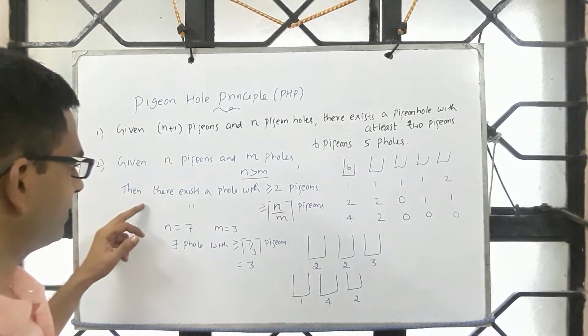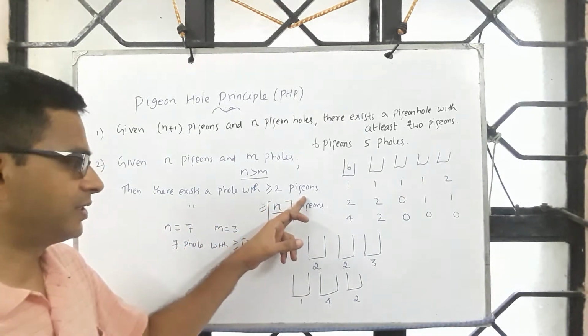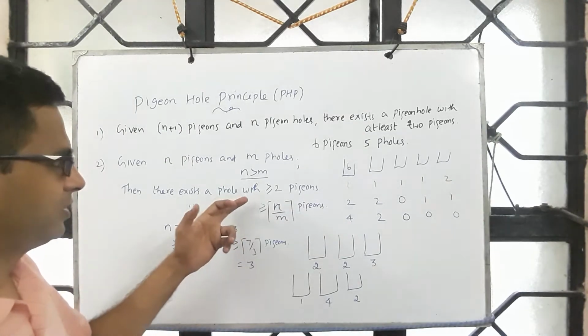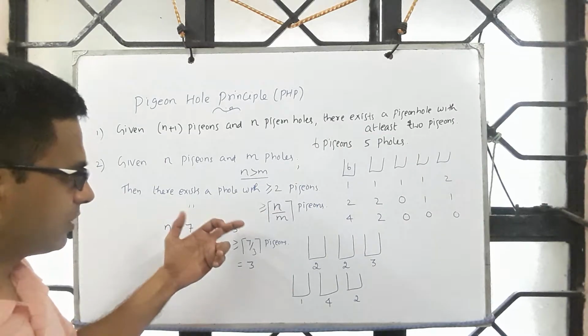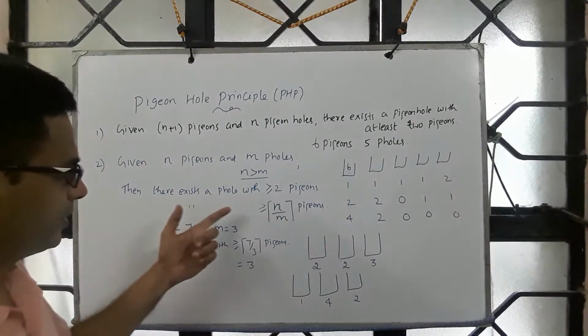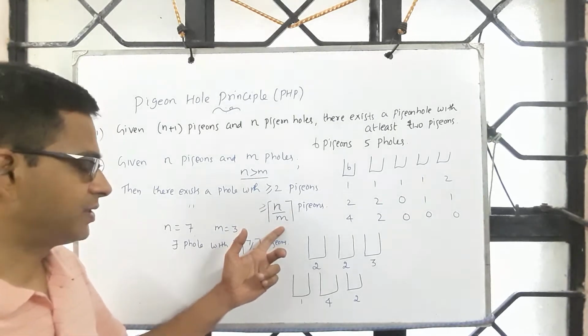Then the principle says there exists a pigeonhole with at least 2 pigeons. But this is what even the previous principle was saying, but one can give a stronger statement. There exists a pigeonhole with at least n by m pigeons.